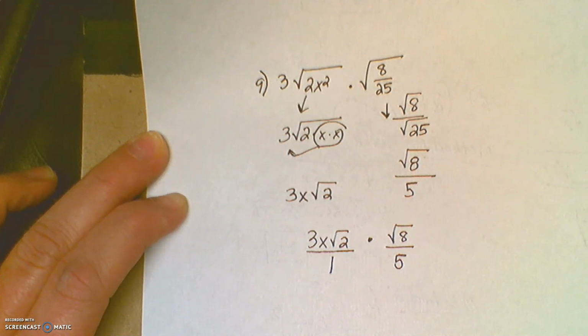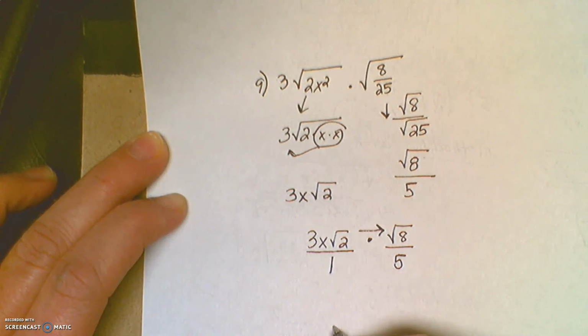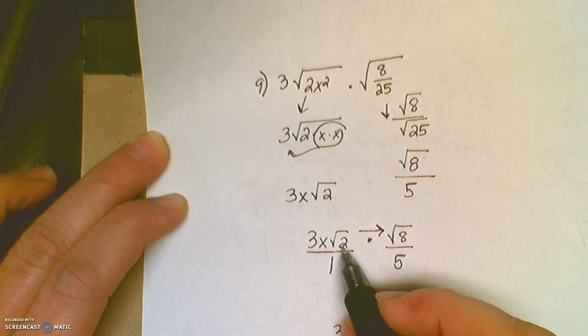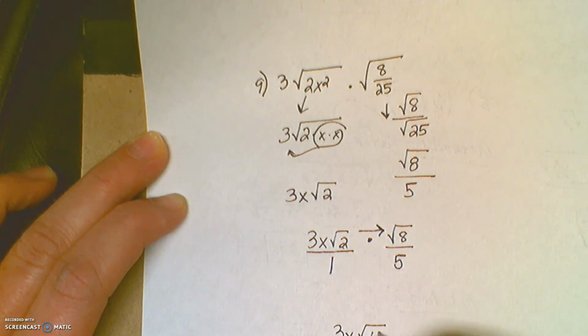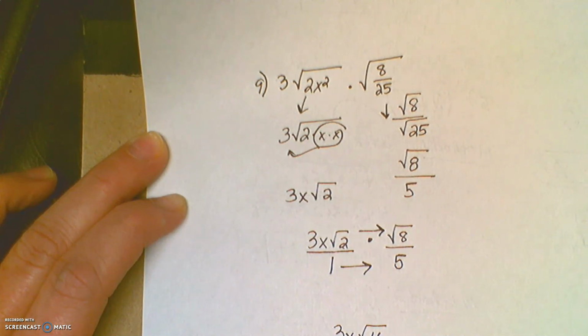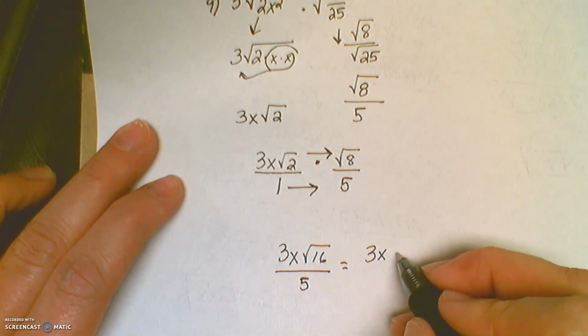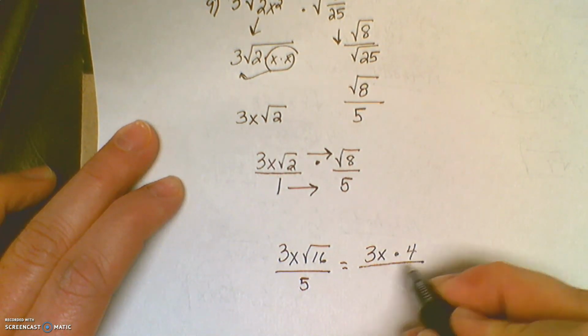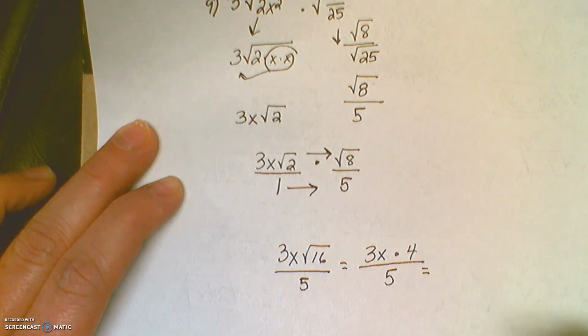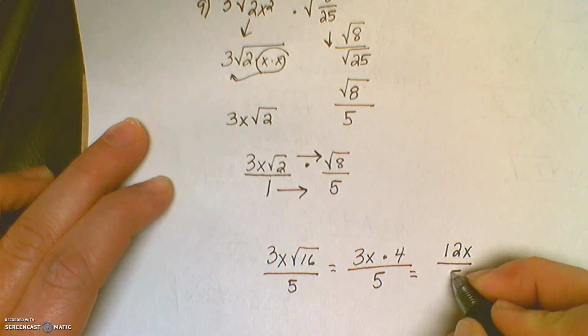When you multiply two fractions, you multiply straight across, multiply the numerator. 3x, radicands, 2 times 8 is square root of 16. Denominators, 1 times 5. 3x. The square root of 16 is a perfect square. Square root of 16 is 4. Well, that's over 5. 3x times 4 is 12x divided by 5.